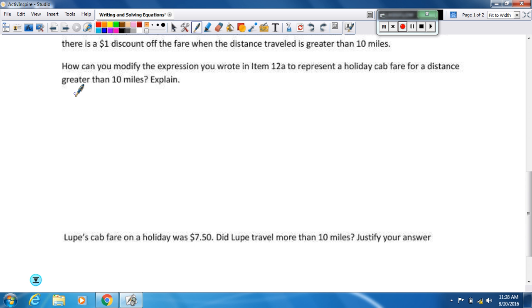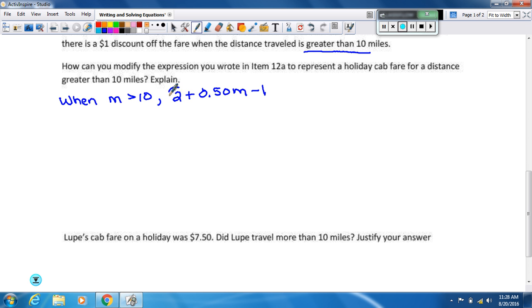You have to make a stipulation, because it says greater than 10 miles. So you have to say when m is greater than 10 miles, the fare is reduced by $1. So that means the expression would be the original expression, $2 plus 50 cents every mile, but you're going to take $1 away.